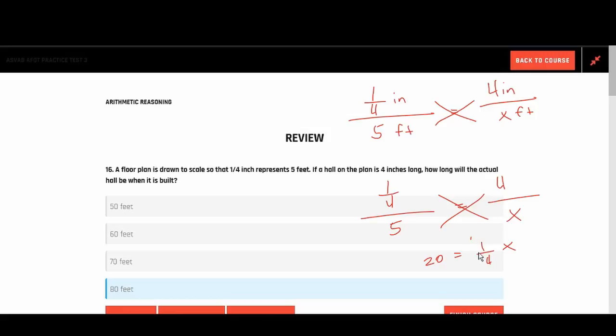We're going to get rid of this 1/4, so we multiply both sides by 4. This crosses out. We're just left with x there. Again, 1/4 times 4 is just 1. 1 times x is x. 4 times 20 is 80. So according to this proportion we set up, if 1/4 inch represents 5 feet, 4 inches is going to represent 80 feet.